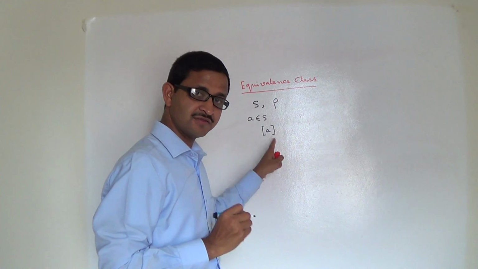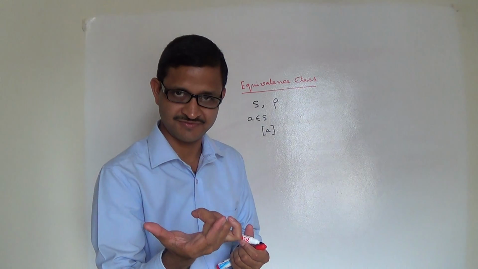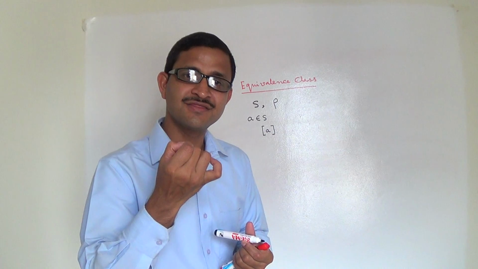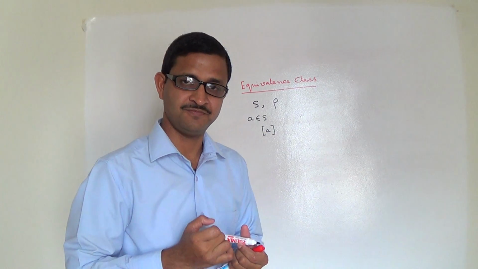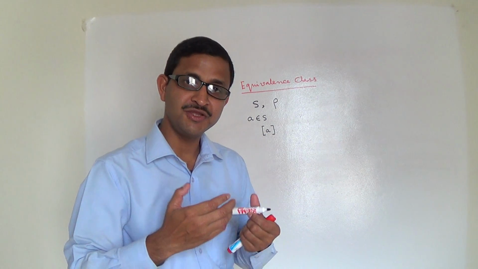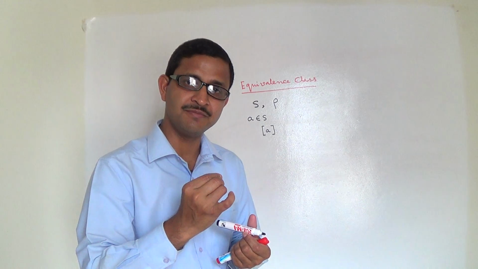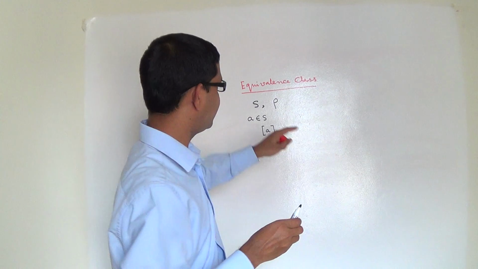It is a set, more precisely a subset of the set S, containing those elements which are related to the element A by means of the relation rho.